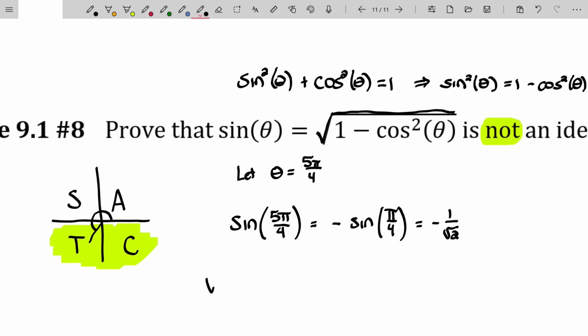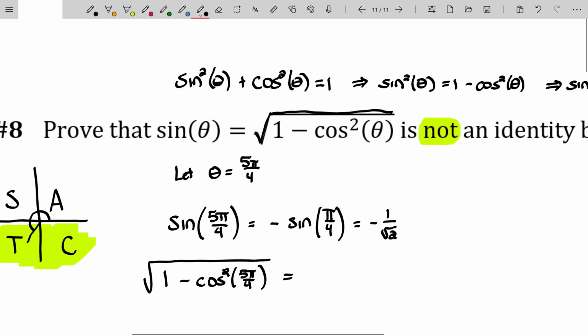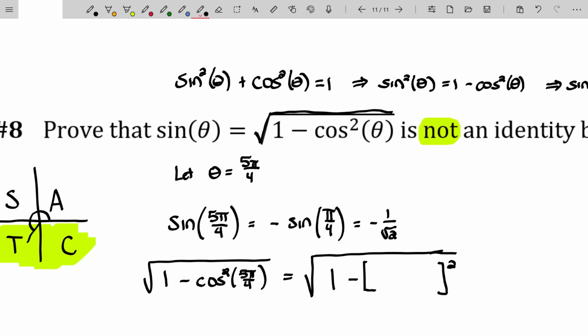On the other hand, the square root of 1 minus the cosine squared of 5 pi over 4 can't equal that, but let's go ahead and mechanically go through this. That's going to be the square root of 1 minus the cosine, let me write it this way, something squared. It was originally the cosine of 5 pi over 4, but I'm going to trade that out for the cosine of its reference angle.